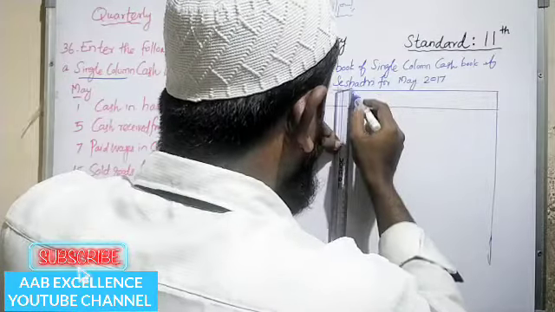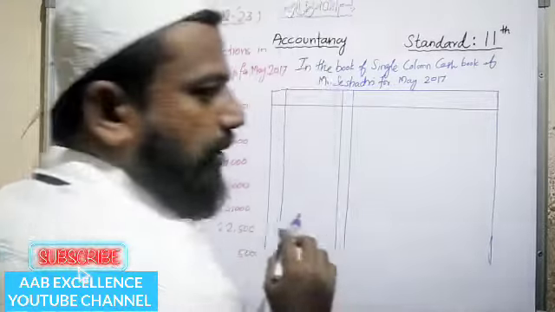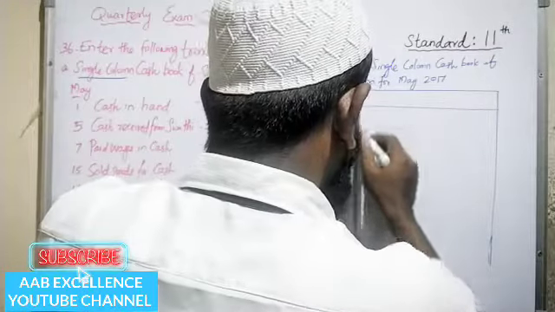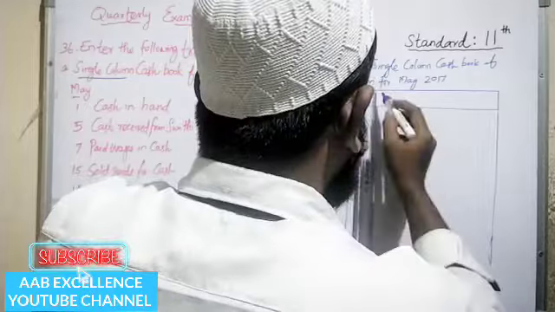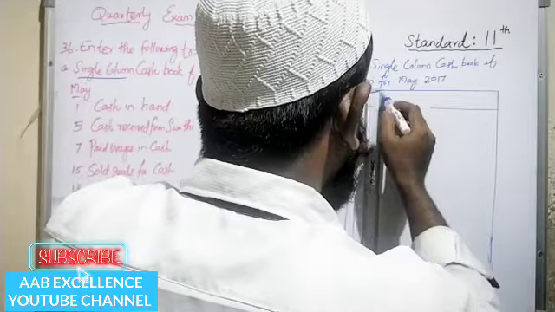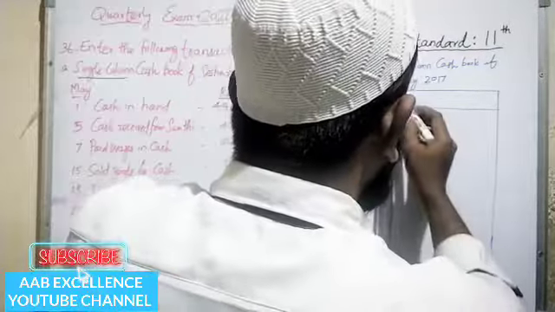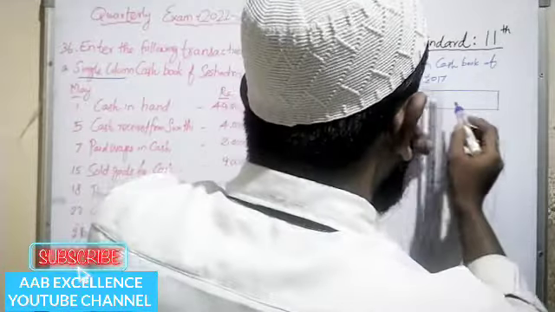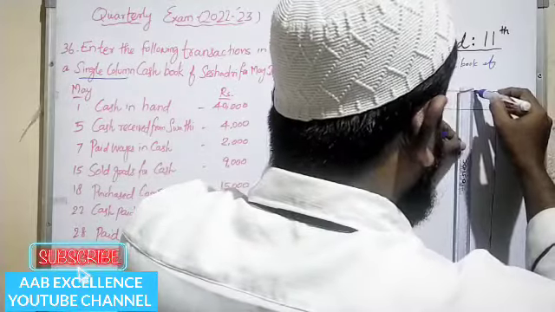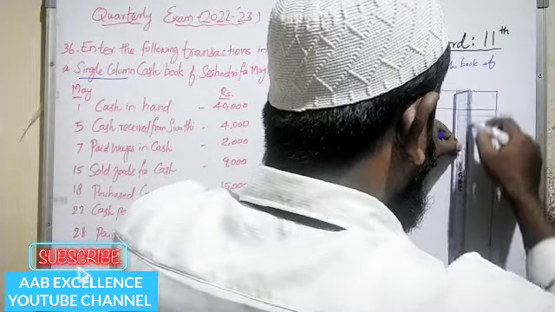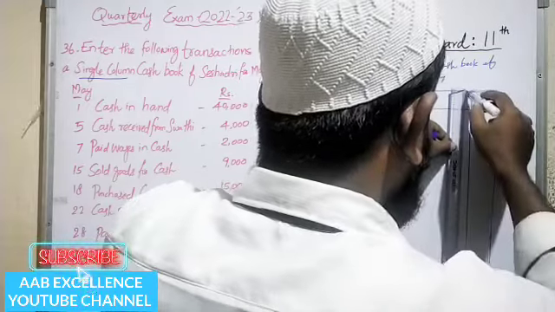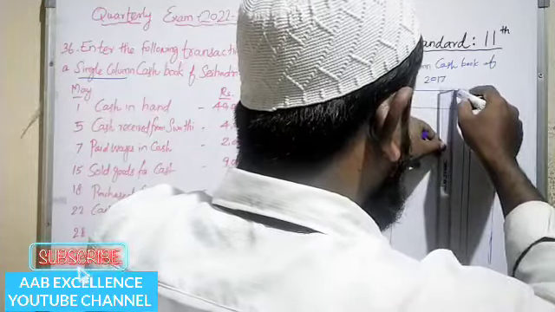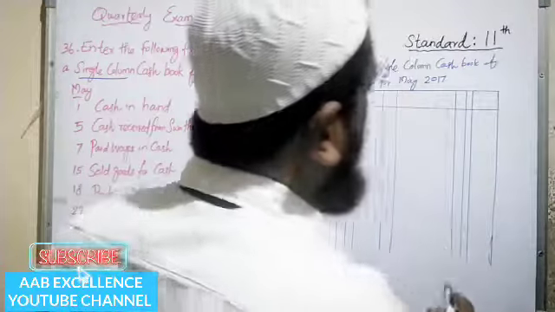This is the RN column. RN column means receipt number. This is the LF column. This is the amount column. This is the date column. The last is the amount column, the LF column. This is the VN column.